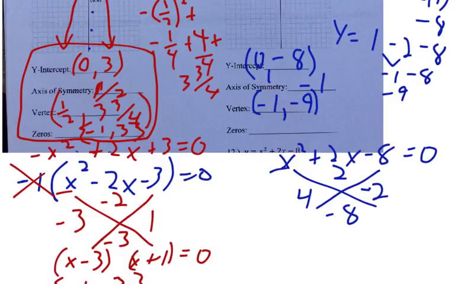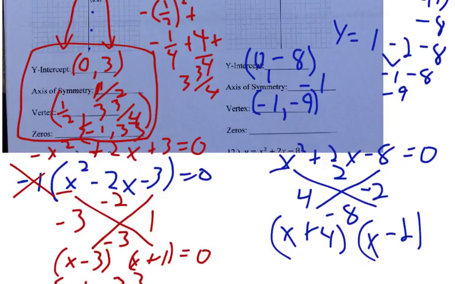Lead coefficient's 1, so it's just x plus 4 and x minus 2. And set those equal to 0, it's just going to change their signs, so it would be negative 4 and positive 2 would be my two zeros. So that's where it crosses the x-axis.